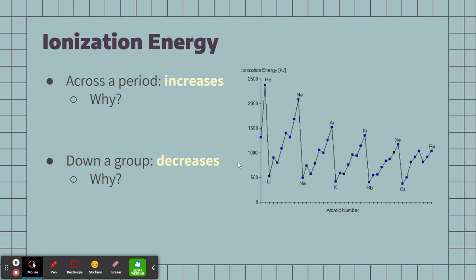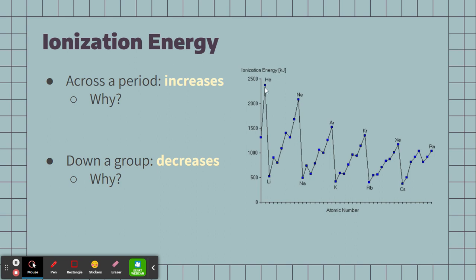If we look at this diagram on the right here, we see that as we go left to right across a period, there will be an increase in ionization energy. However, the only time we observe a decrease in ionization energy is when we move from one period to another. For example, if you look at my mouse, helium here is in the first period.